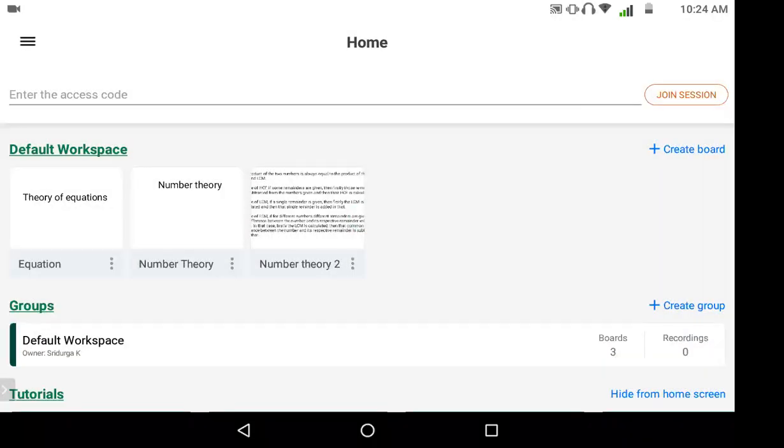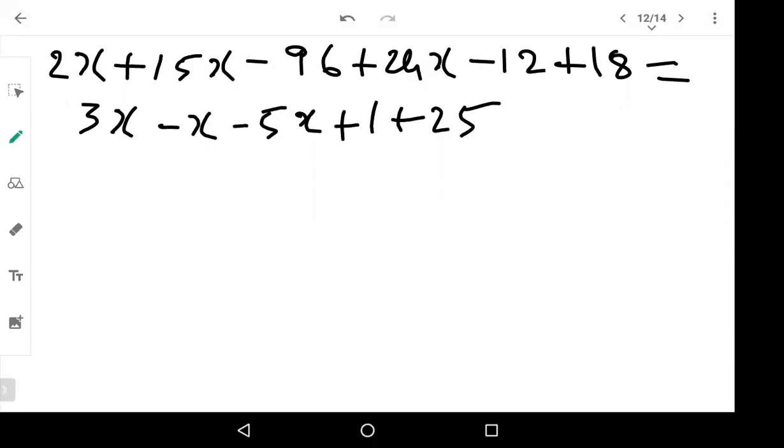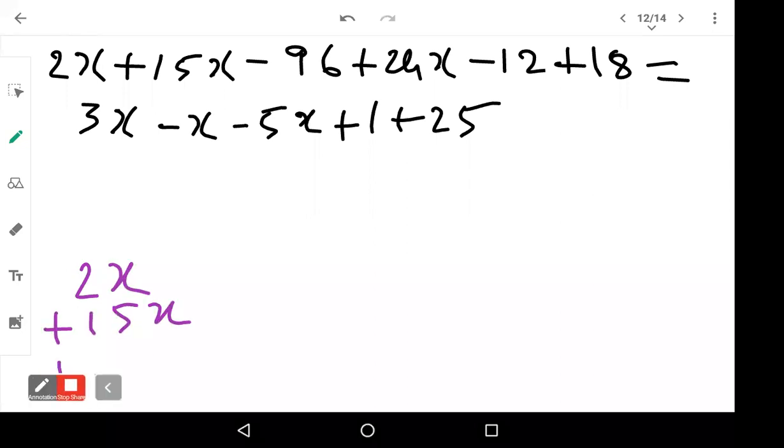Now, in LHS, what all x do we have? We have 2x, we have plus 15x, and then we have plus 24x. So 5, 4, 9, 11, 41x. Oh, good.